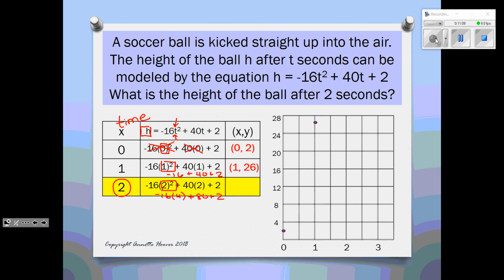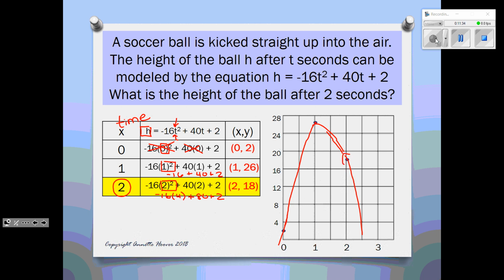When we work that out, we see that it's 18. When we graph that, here is our graph. I'm trying to draw it. It's kind of tricky. Okay, so there it is. So the height of the ball after 2 seconds would be 18.